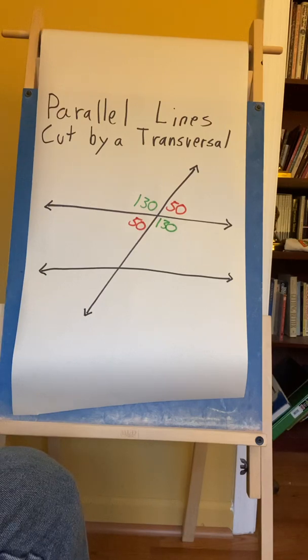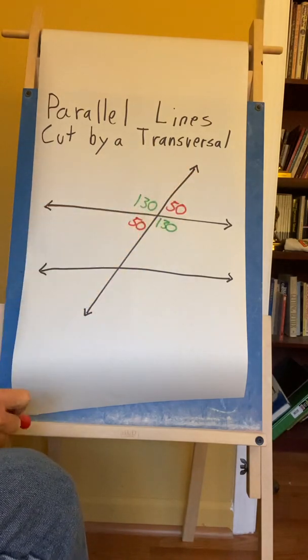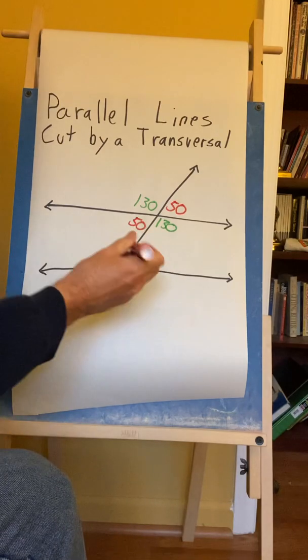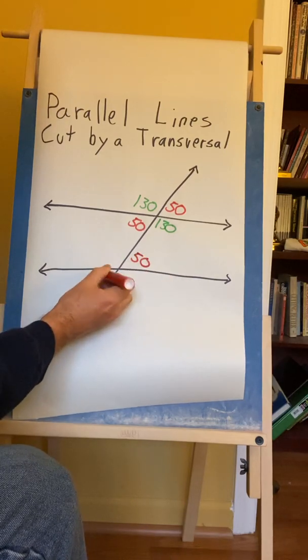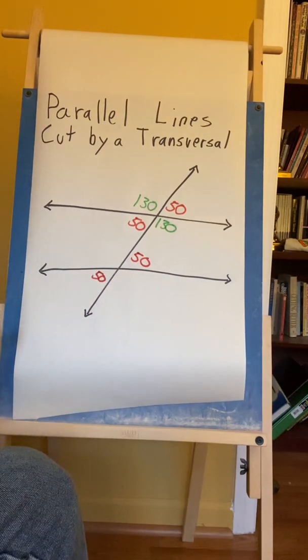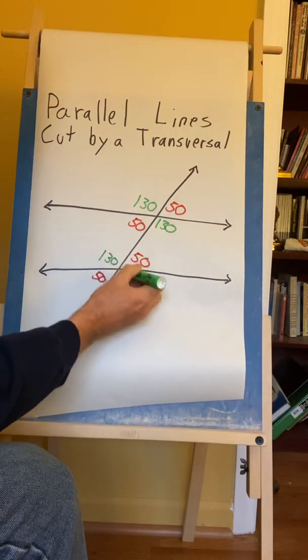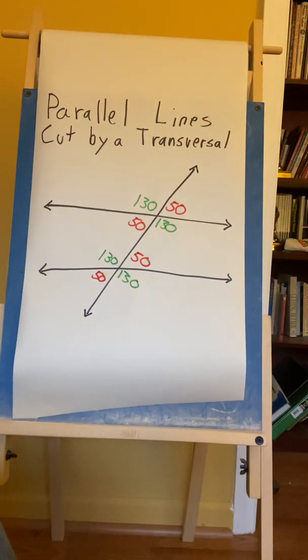Now, the thing that happens with parallel lines, if those two lines are parallel, whatever the angles are up here, they have to be the same thing down here. They're going to be the same angles in the same position.